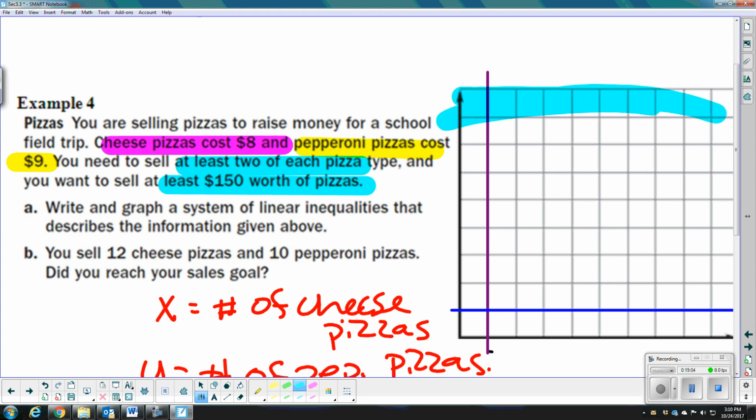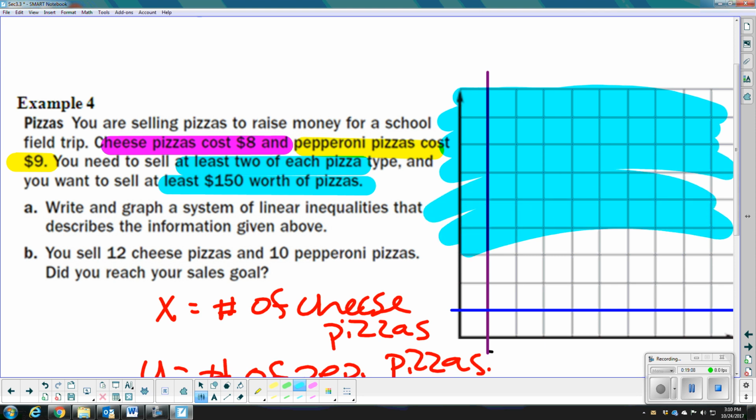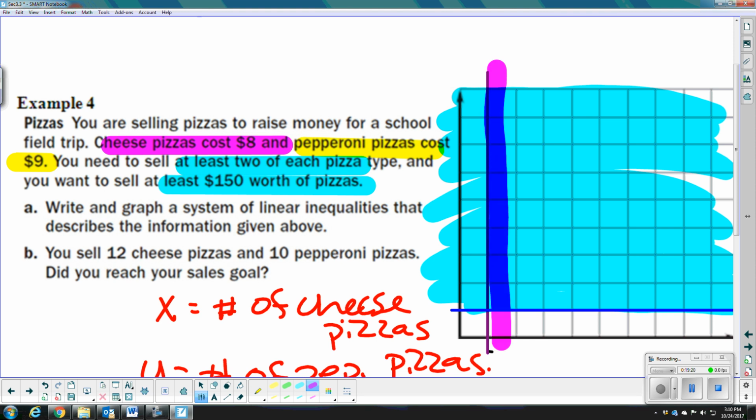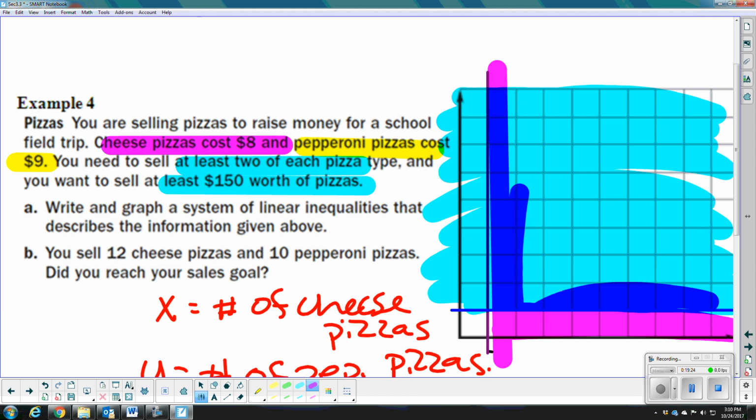So here's all where y is greater than or equal to 2, my blue highlighted region. And my purple highlighted region is going to be all the areas where x is greater than 2.